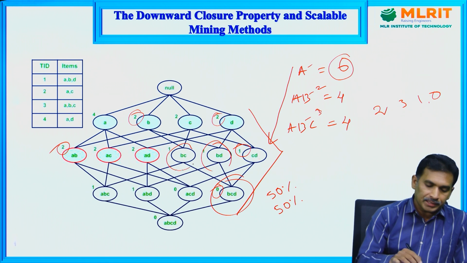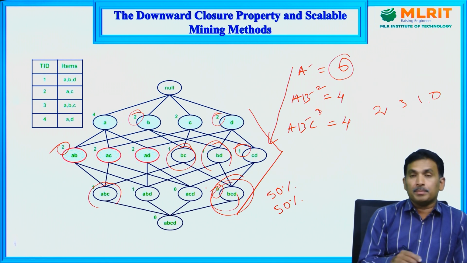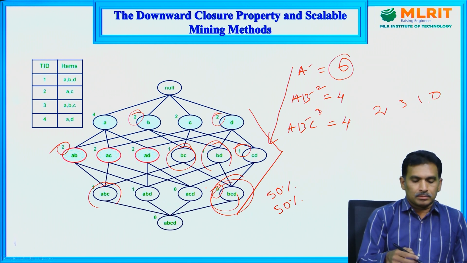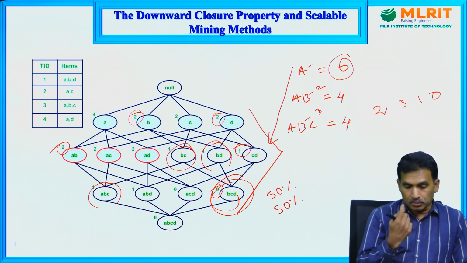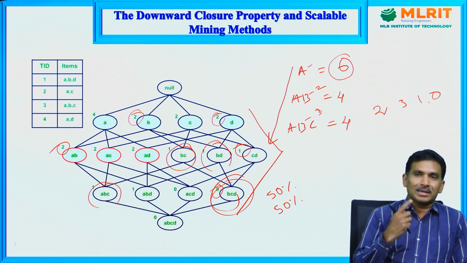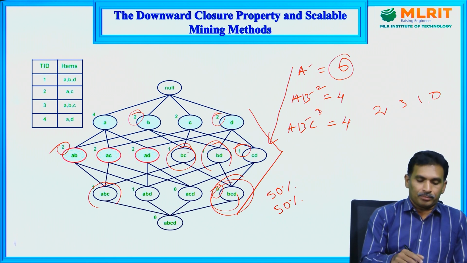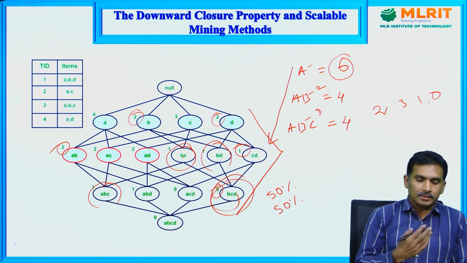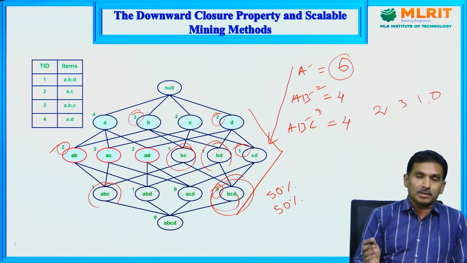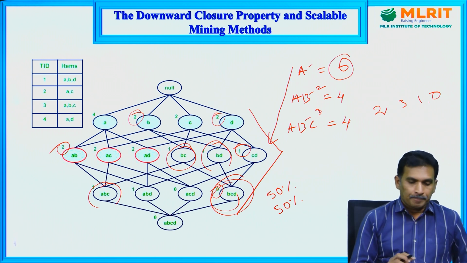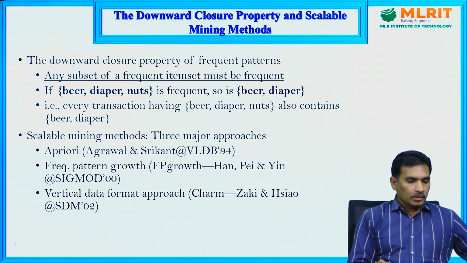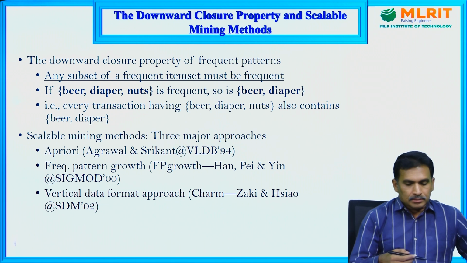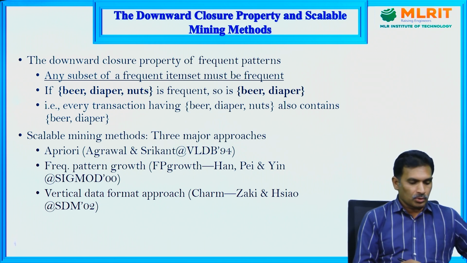Similarly, if BC is not a frequent item set, there is no need to verify its supersets ABC and BCD, because the support count of the supersets will be 1 or less. So if BC itself is not frequent, then its supersets will never become frequent item sets. So this is the downward closure property. It's very, very important to understand.